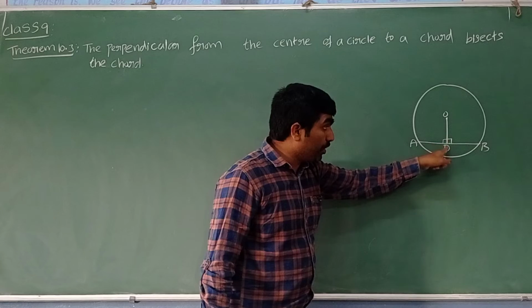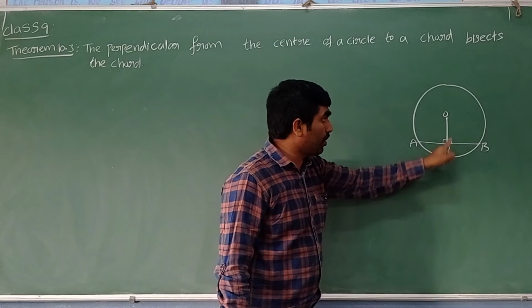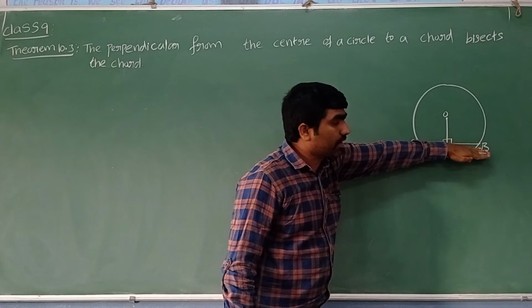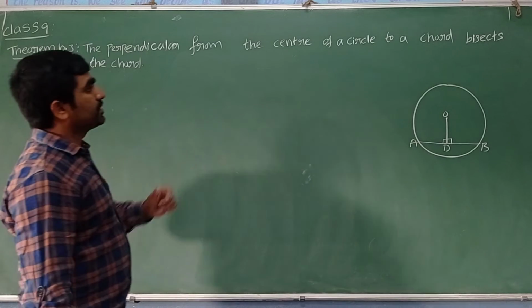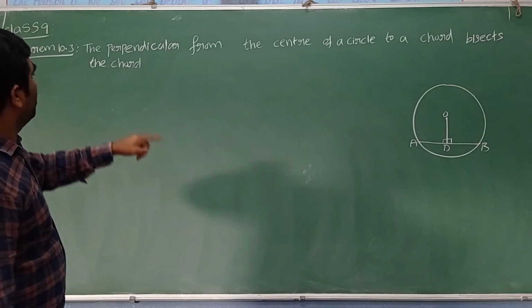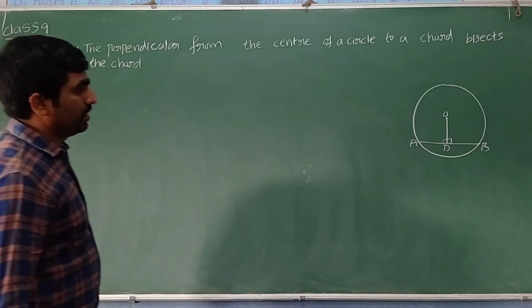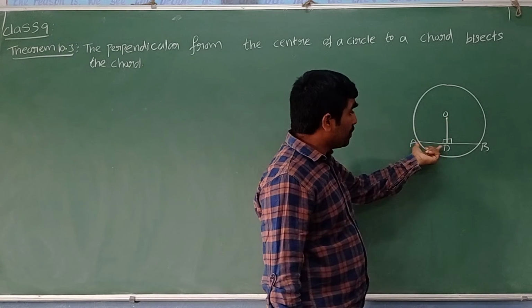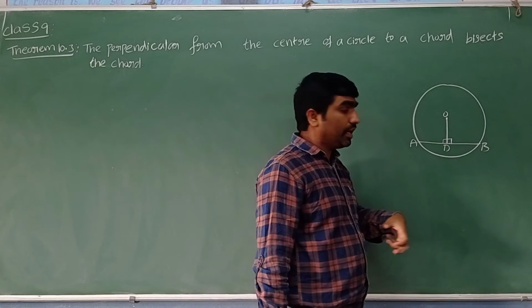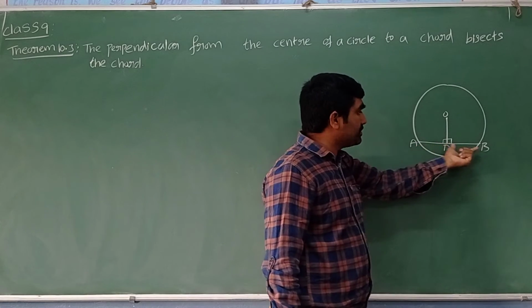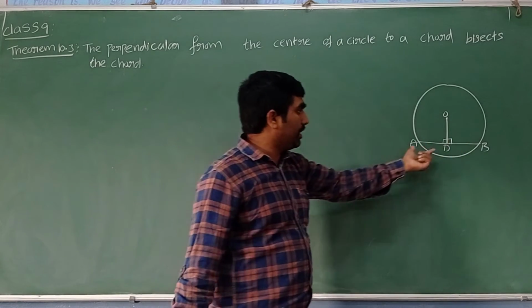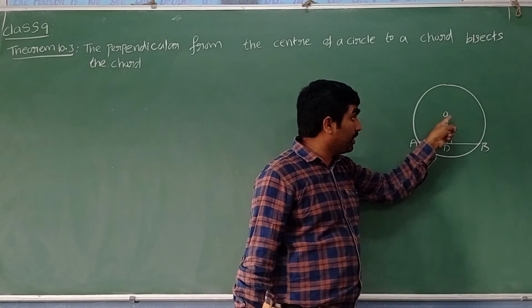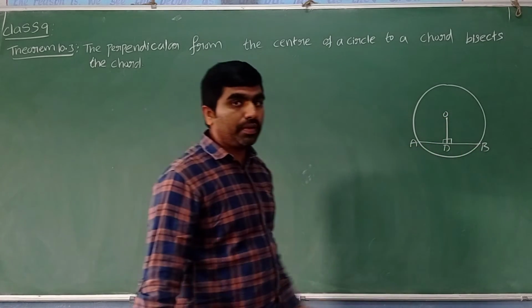Line segment OD is perpendicular, drawn from center O to the chord AB. That is the given data. And they are asking to prove it bisects the chord. Asking to prove that perpendicular OD is going to bisect the chord AB. It's enough to prove that AD is equal to DB. When AD is equal to DB, we can say that OD is the bisector of chord AB.